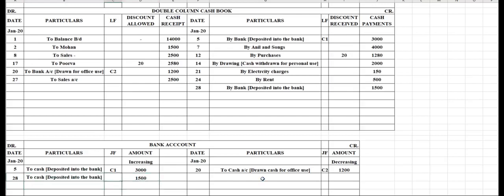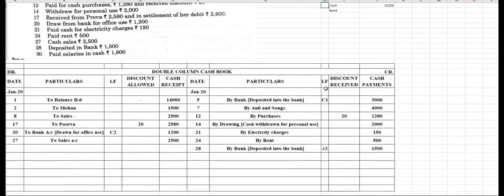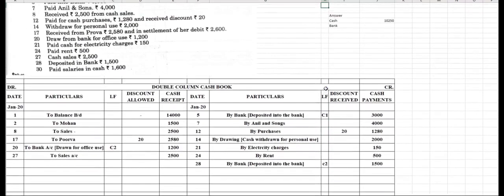That is contra entry. Next, paid salaries in cash. On 30th, cash is reducing by 1600 rupees, because salaries are paid.